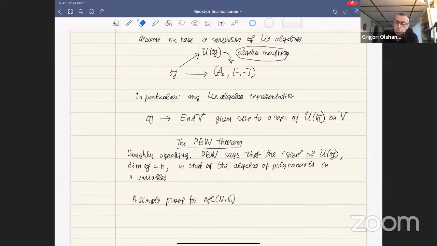Of course, modulo the other theorem, but in practice, finite dimensional Lie algebras are already realized as subalgebras of the general linear algebra, so we can prove rather easily the Poincaré-Birkhoff-Witt theorem for finite dimensional algebras.